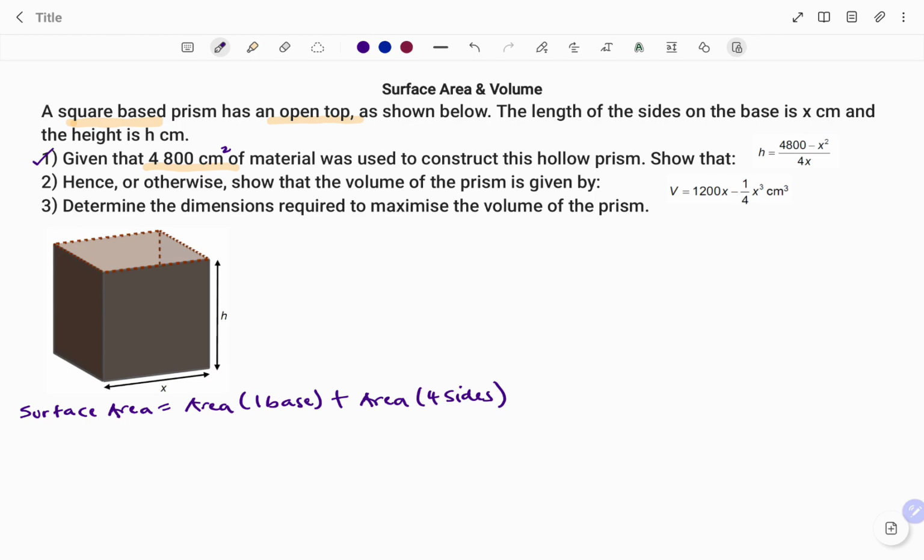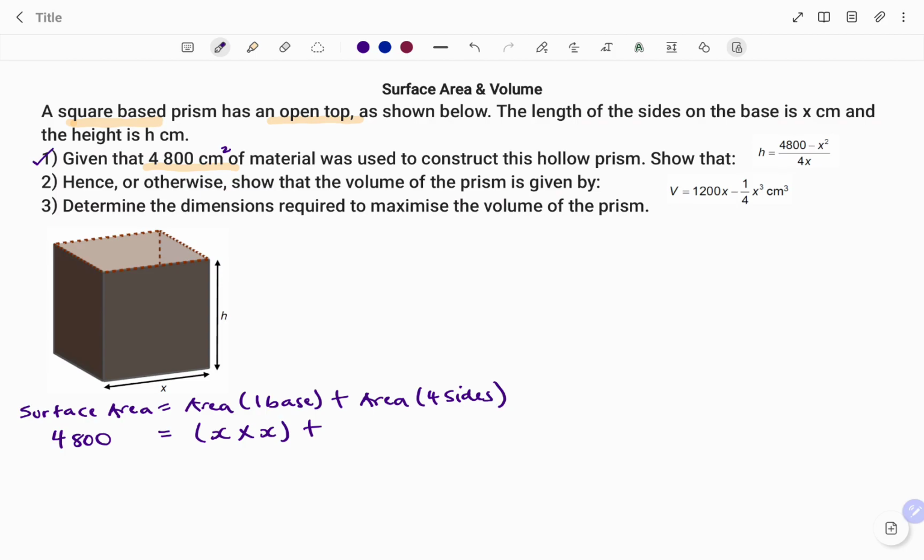So I have 4,800, which is also the surface area, equals the area of the base. The base is a square. The formula for finding the area of the base is side times side. The side is x, so I have x times x, plus the area of the 4 sides. If you look at the 4 sides, it's a rectangle.